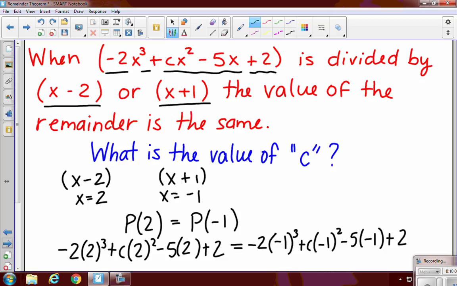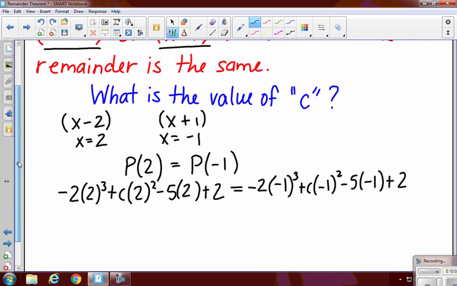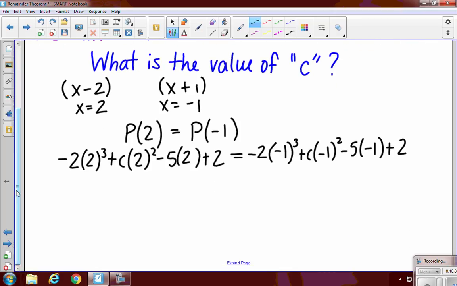So now really, I have a pretty simple question. I just need to find and solve for c. So we go through and we do some number crunching. Here, this is negative 2 times 8 plus this gets me 4c. This gets me a negative 10 and a 2. Over here, a negative 1 cubed is still negative 1.